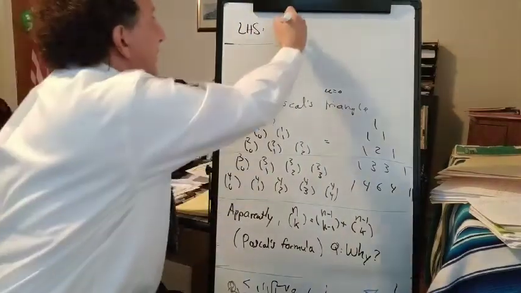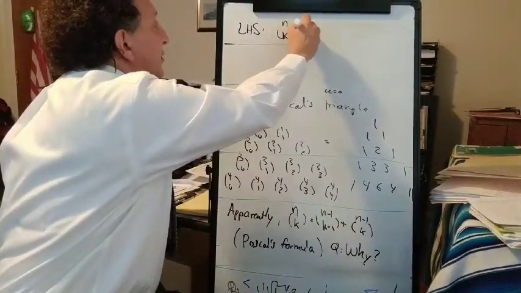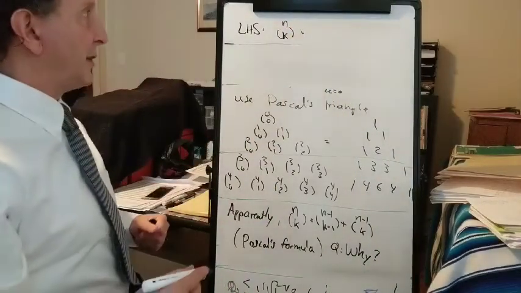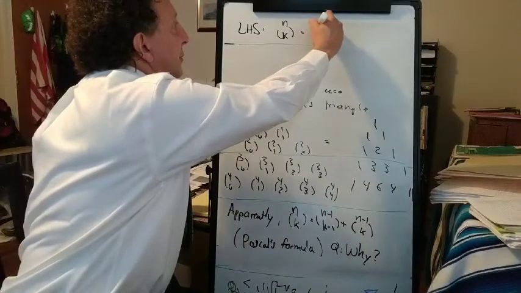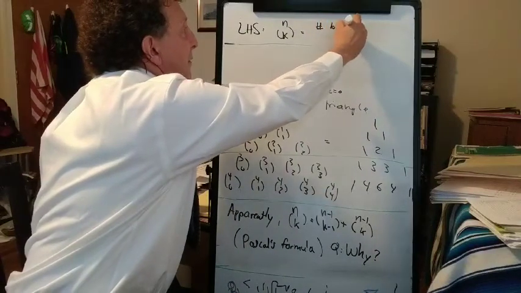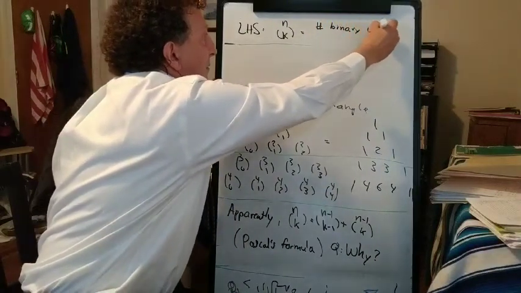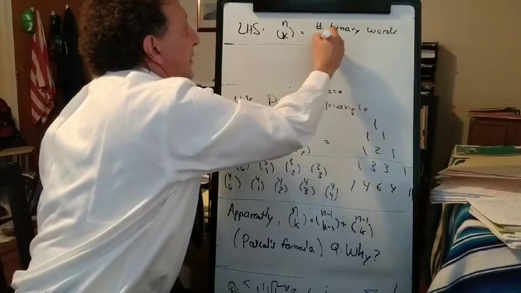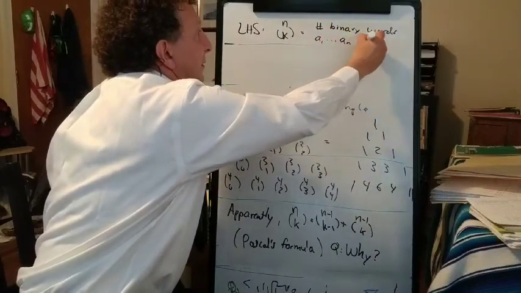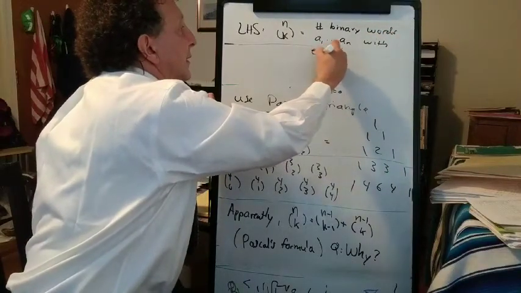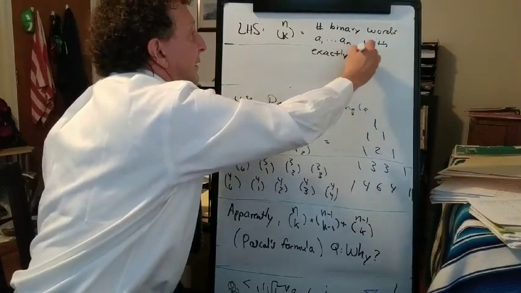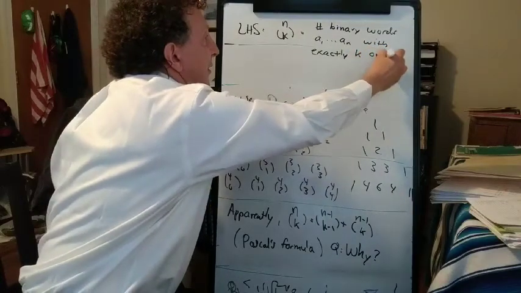So the left-hand side is n choose k, and let's look at this from the binary word point of view. So this is the number of binary words a1 through an with exactly k ones.